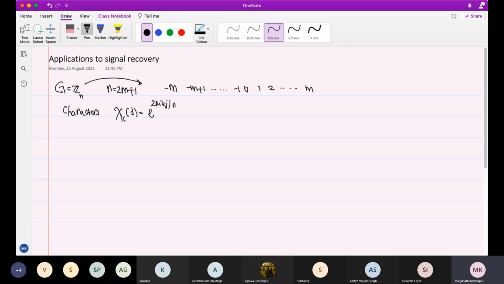This is often done in the continuous setting, but here also you can have the interpretation that when k is 0, it's a constant function. When k is 1, it is varying. When k is 2, it oscillates faster. So k is like the frequency. Higher k, faster oscillation.